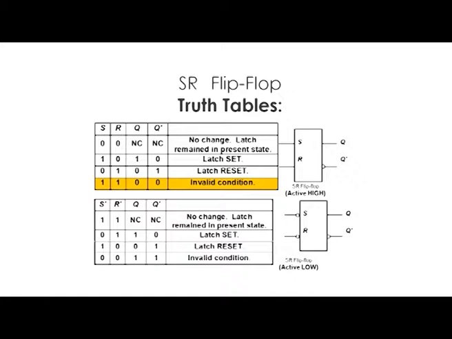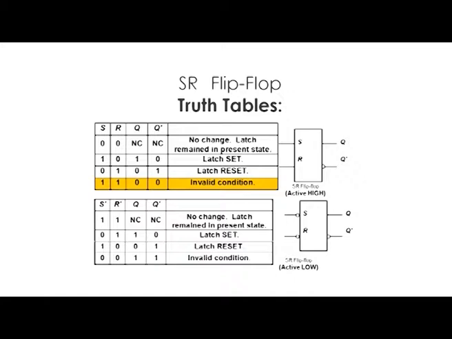Now, what happens when both the input terminals S and R are given high inputs? This is a weird condition because the SR flip flop cannot understand what is happening inside it. So, you cannot have a stable state at the output.